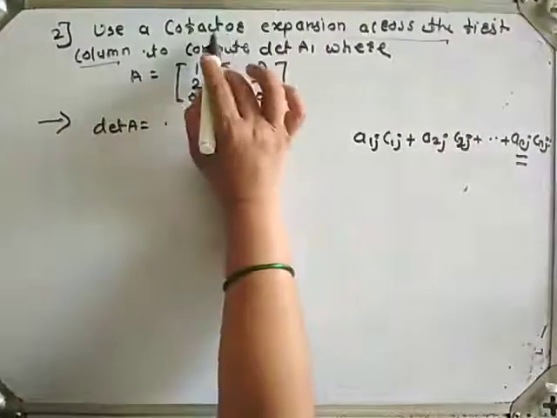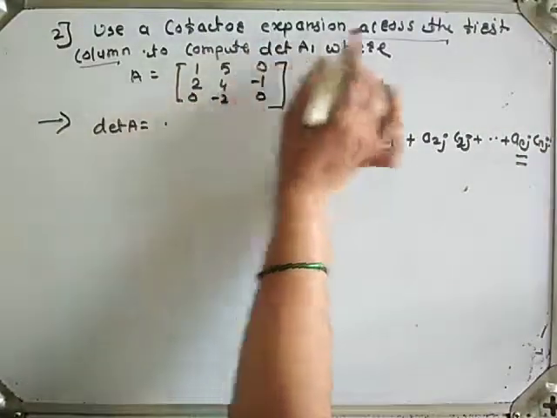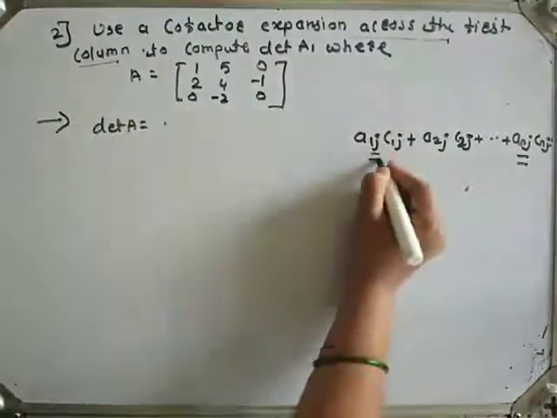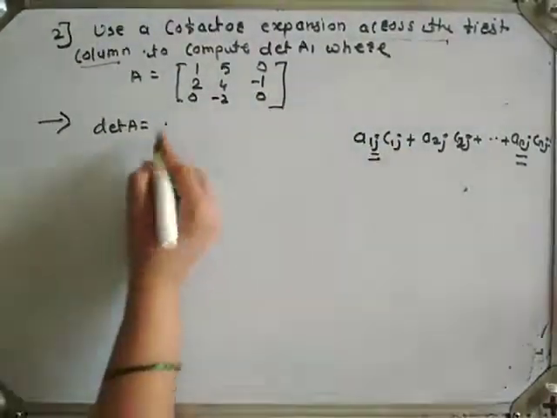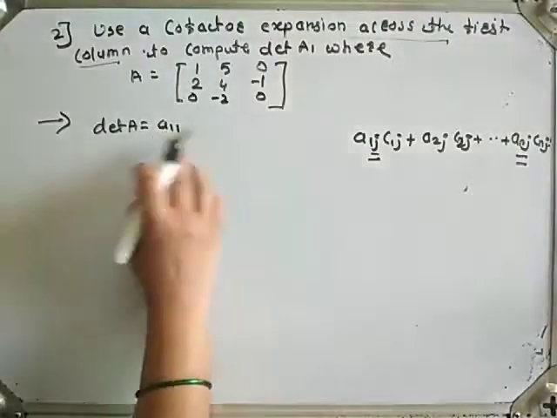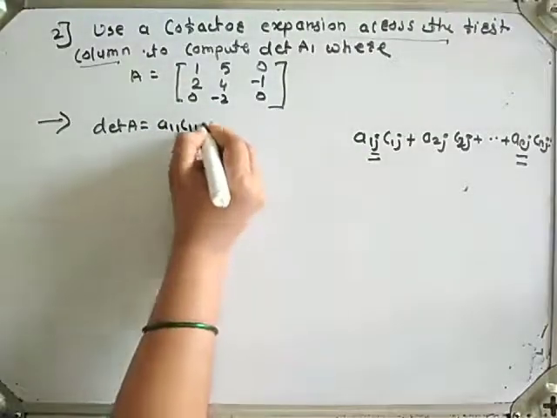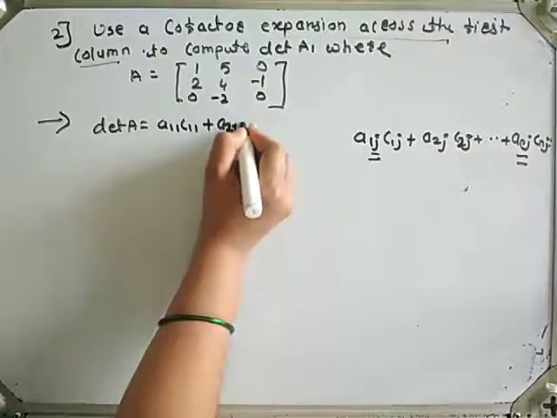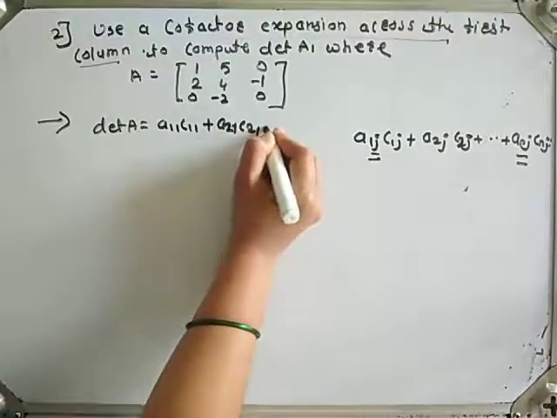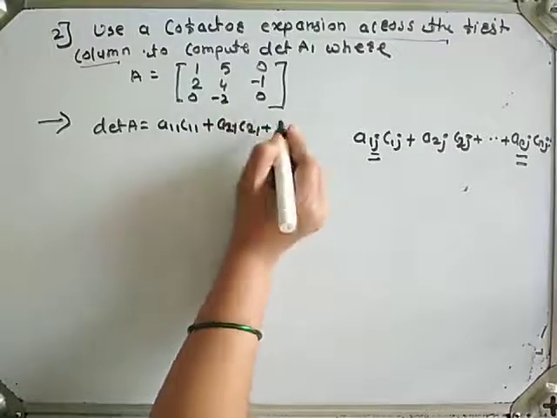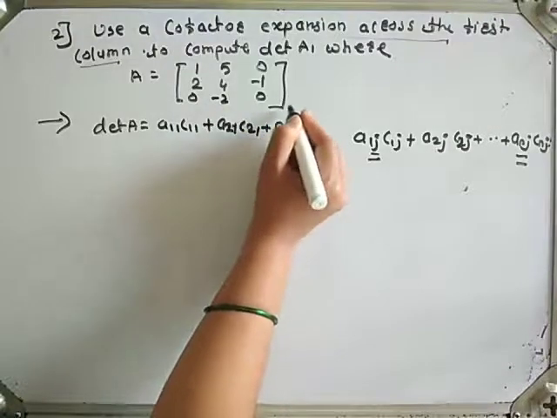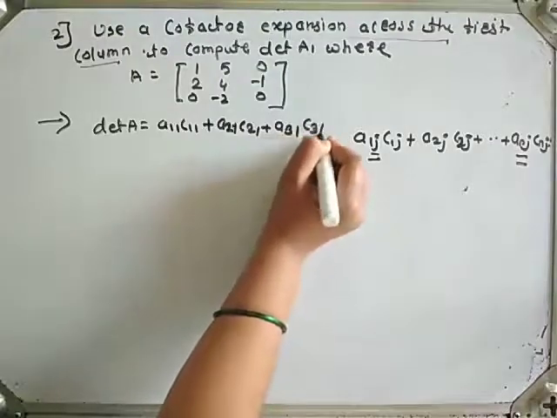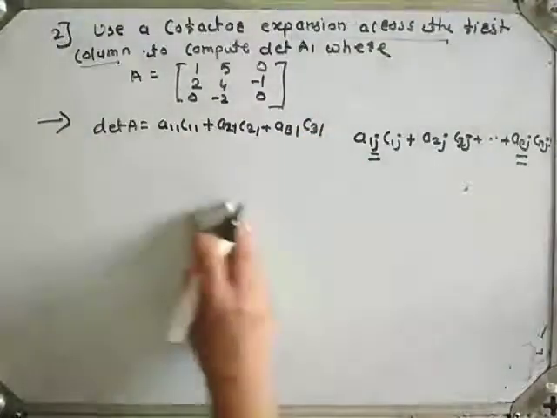Here we compute the expansion across the first column, so just put j equals 1. Therefore the formula becomes A11 C11 plus A21 C21 plus A31 C31.